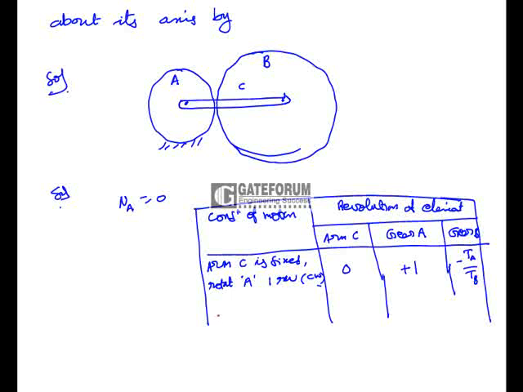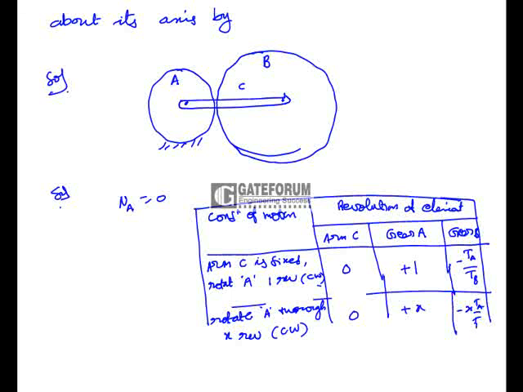Now coming to the second step, again arm C is fixed and rotate A through plus X revolutions, that is X revolutions clockwise. So here it is again 0 and it is X, and here it is minus X into TA by TB.